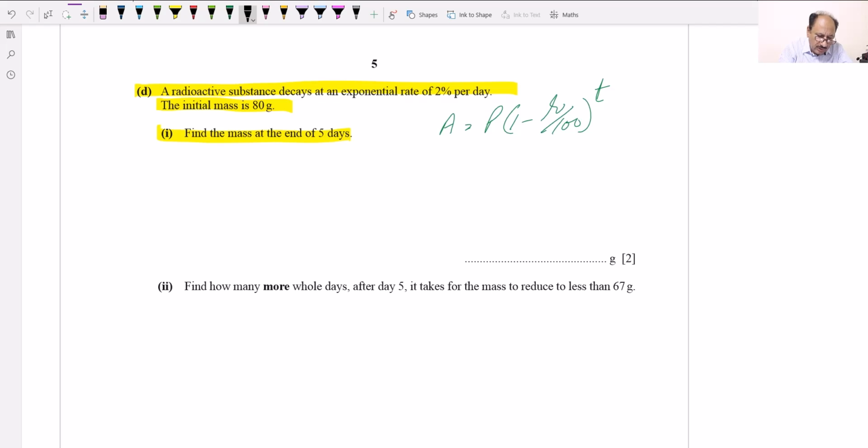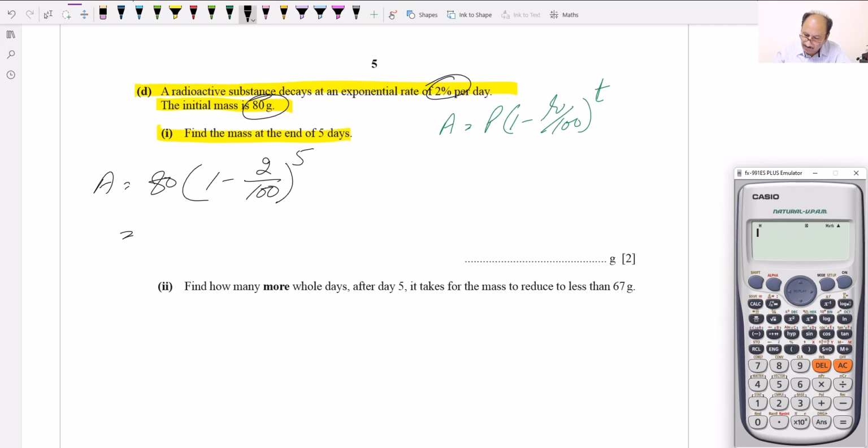If we replace values, amount will be equal to principal amount, starting amount is 80 grams, into 1 minus rate, which is 2%, so 2 over 100, and time duration is 5 days. And now we just type in the calculator and we'll get the answer.